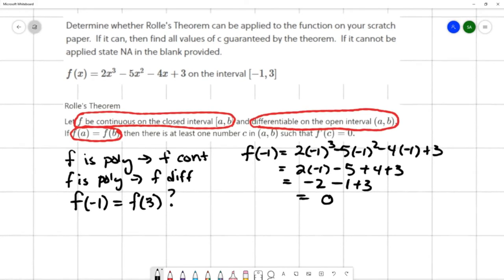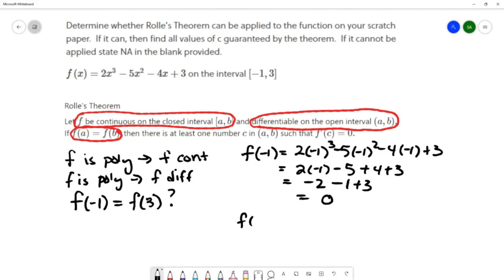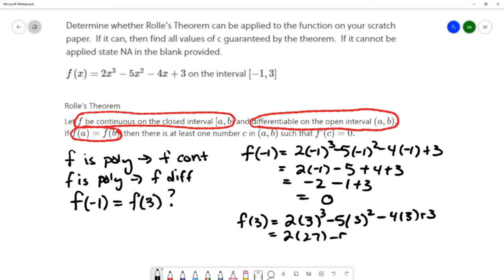So let's see if f of 3 comes out to be 0 as well. It's 2 times 3 cubed minus 5 times 3 squared minus 4 times 3 plus 3. That's 2 times 27 minus 5 times 9 minus 12 plus 3.